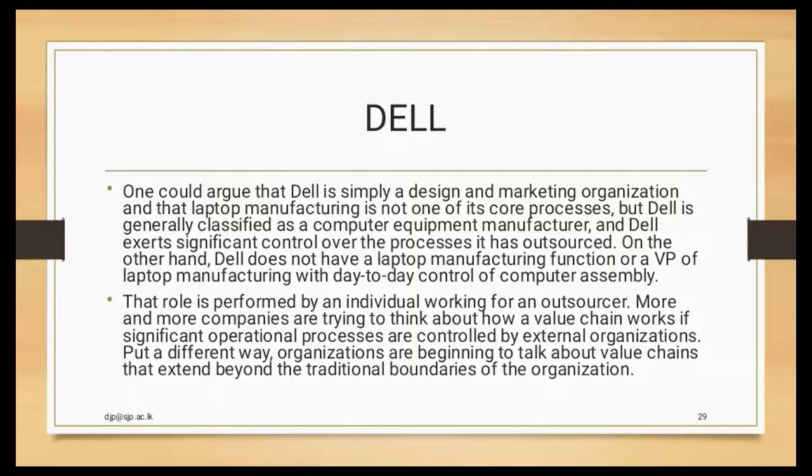Here we say that role is performed by an individual working for an outsourcer. More and more companies are trying to think about how a value chain works if significant operational processes are controlled by external organizations. Put a different way, organizations are beginning to talk about value chains that extend beyond the traditional boundaries of the organization. Let's have a look.